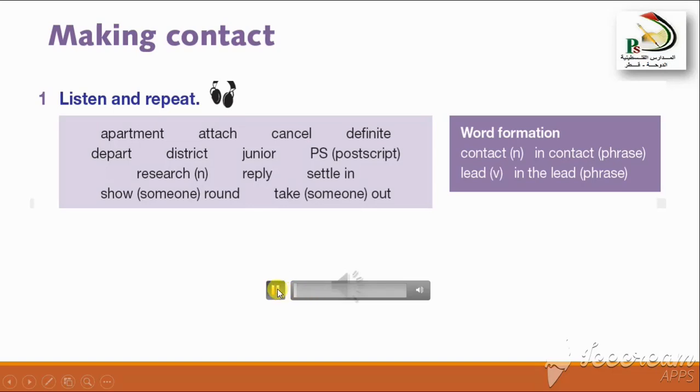Activity 1. Apartment. Attach. Cancel. Definite. Depart. District. Junior. PS. Postscript. Research.